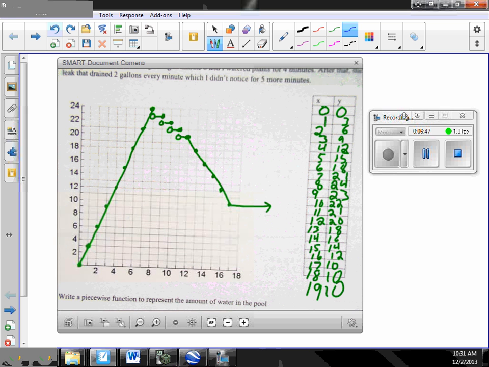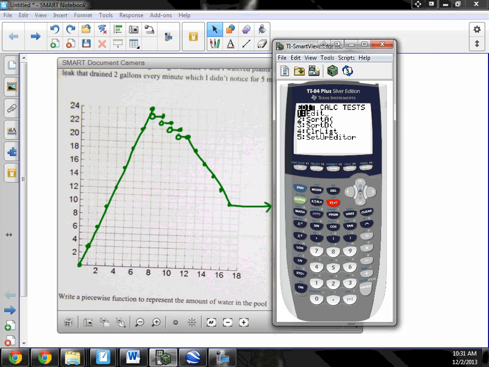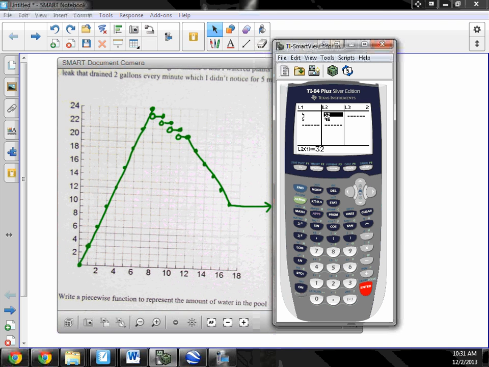So we go to our stat, edit. For that first linear piece, I need to plug in 2 points. So I'll pick the first two, 0 and 1, and the corresponding y values are 0 and 3.